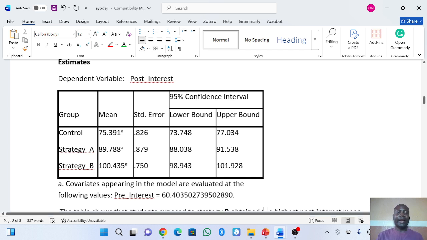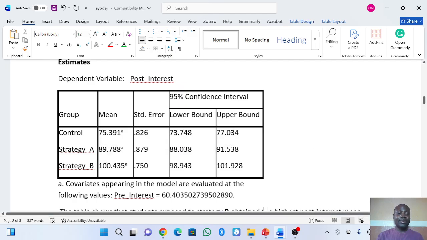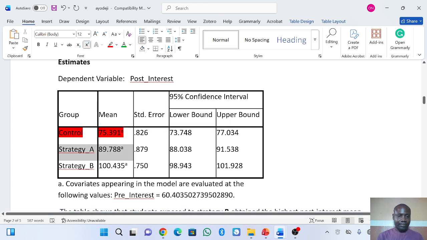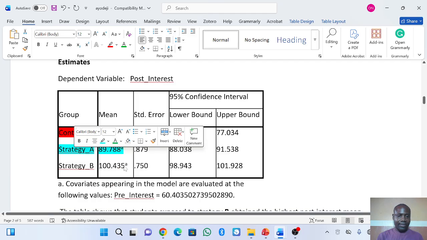Those exposed to strategy A had a mean score of 100.435. Those exposed to strategy B had a mean score of 89.78. And finally, the control group had the last mean score.